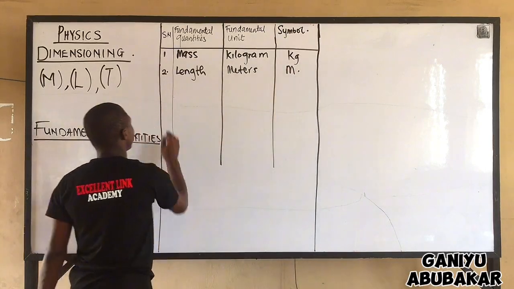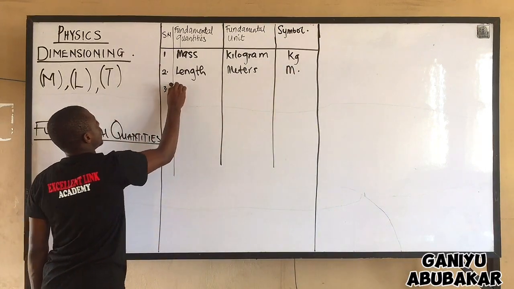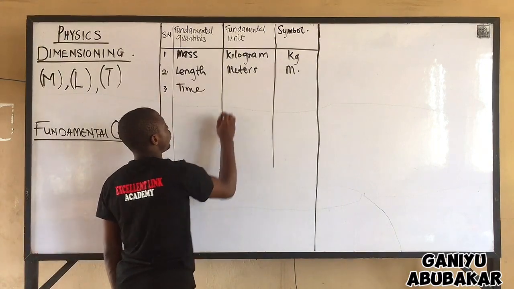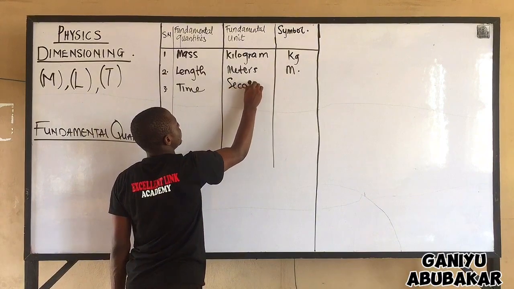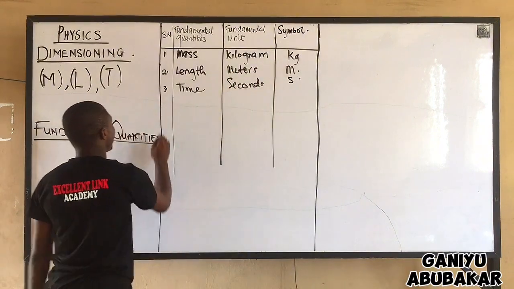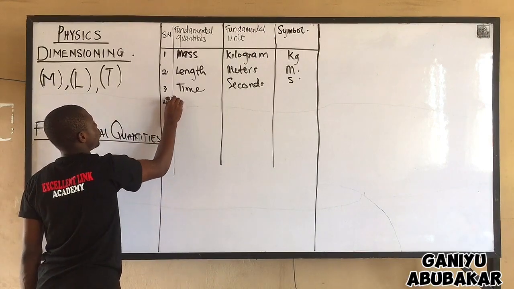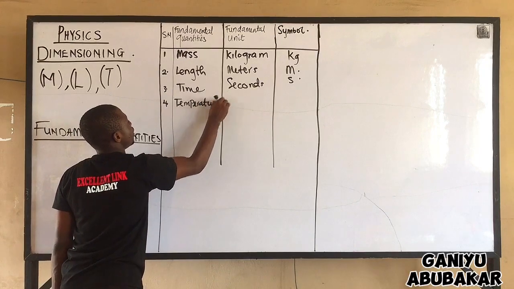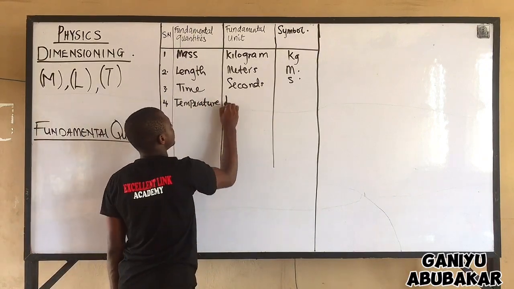Next up, we have what we call time. The fundamental unit is seconds, while the symbol is s. Next up, I have the temperature, that's measured in Kelvin.